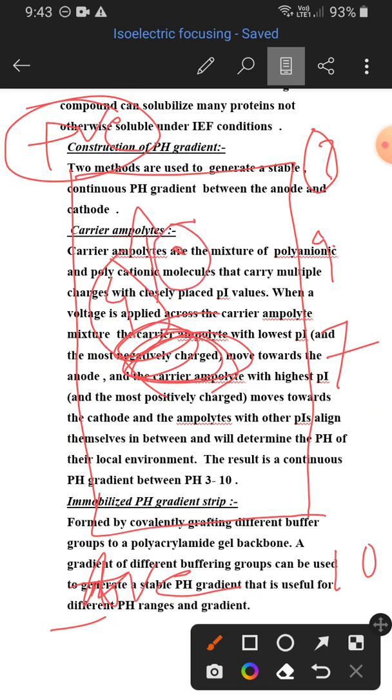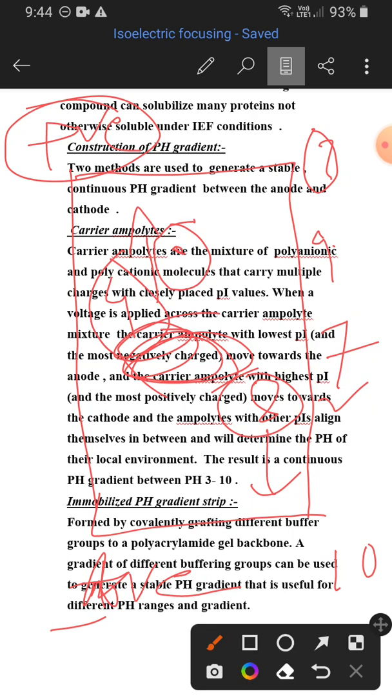Okay, again suppose another protein whose pI value is 8 but having the same molecular weight as the pI 4 protein. It will migrate here because here the pI value is greater than the pH of the environment, and as the pH value is lower than the pI value, that means the pI 8 protein is positively charged, because here the local environment is acidic for it.